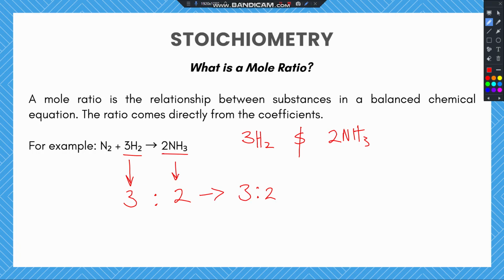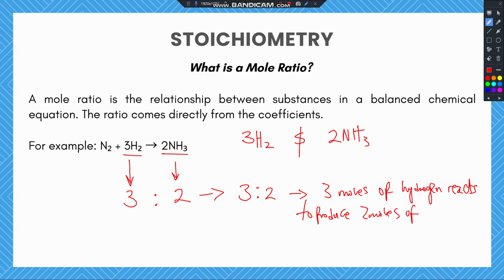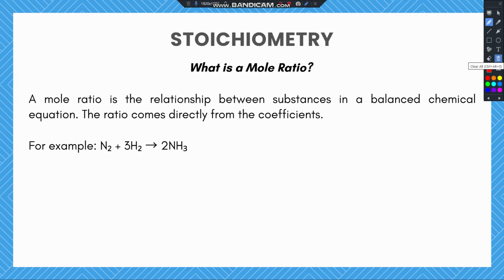What this simply means is 3 moles of hydrogen reacts to produce 2 moles of ammonia. So this basically is how you extract the mole ratios from chemical equations.